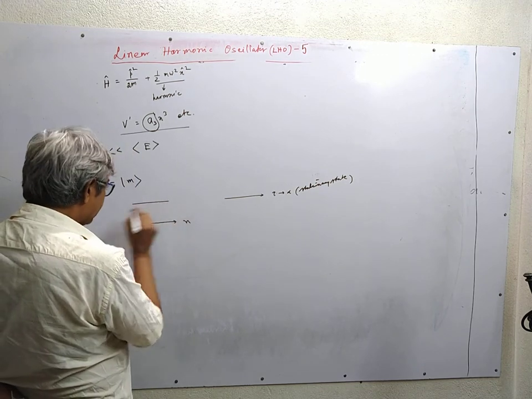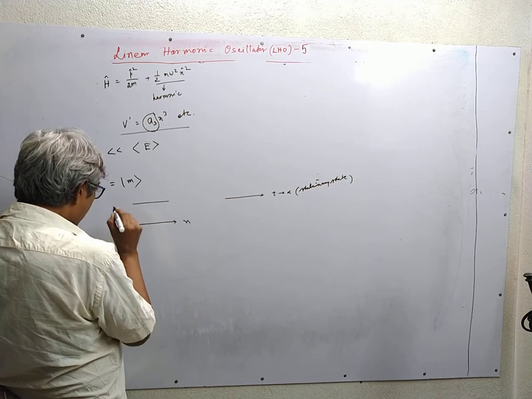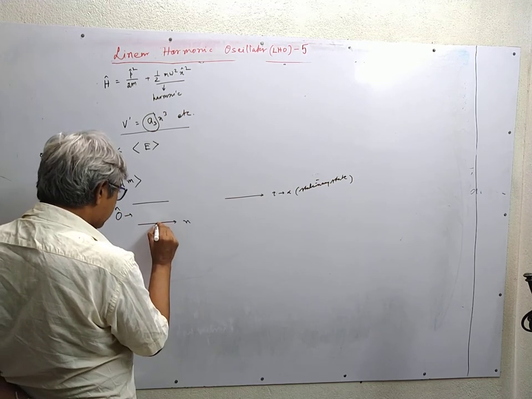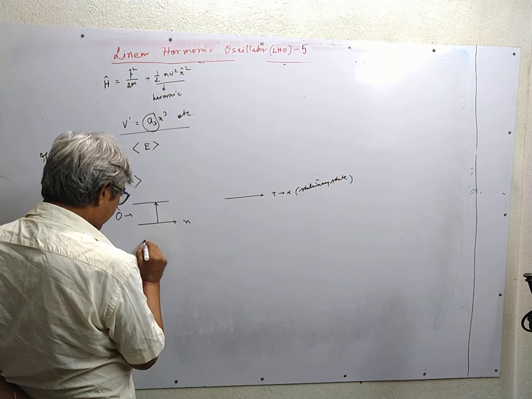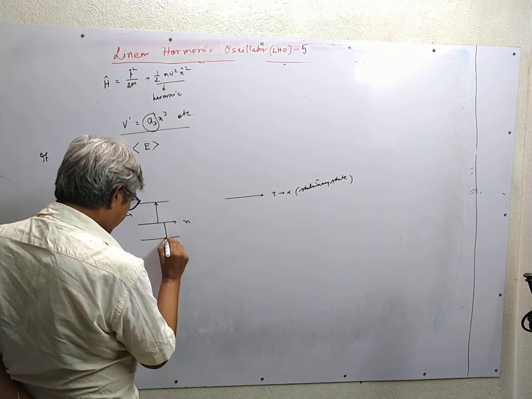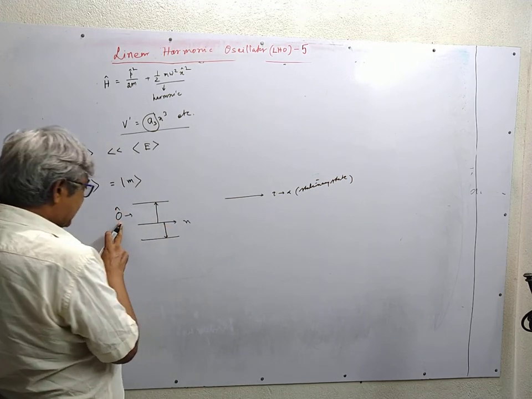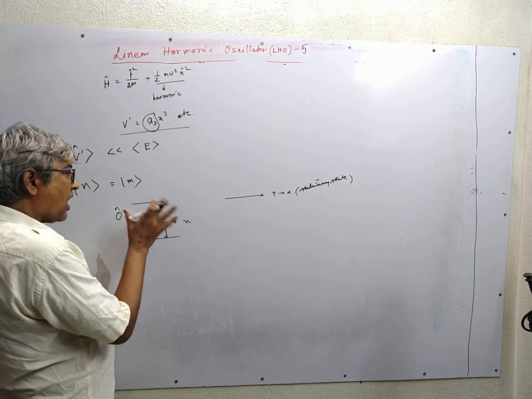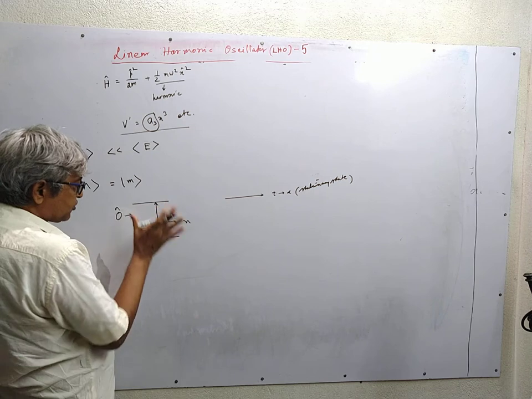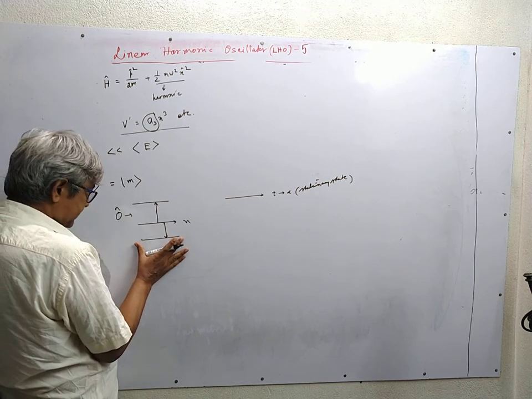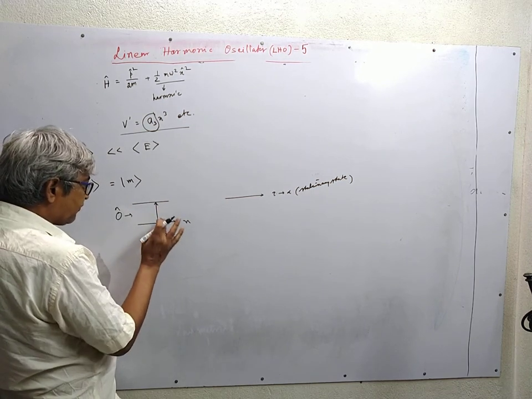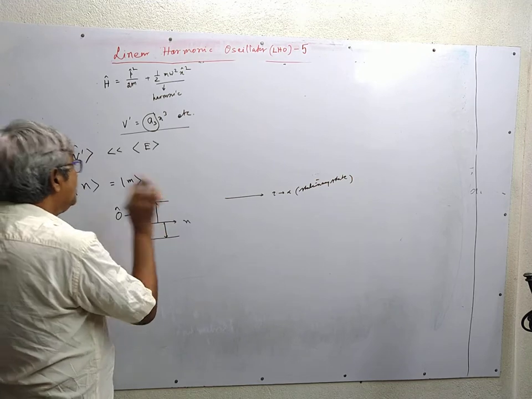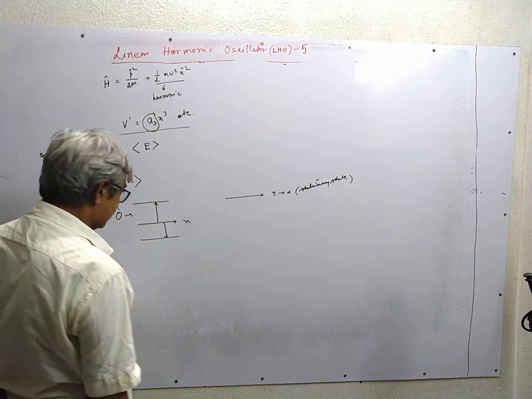When some interaction is applied on the system, say the system makes a jump from here to there or there. Since this expectation value is small, the energy levels are still the energy levels of the harmonic oscillator, more or less. So it makes a transition from one harmonic oscillator state to another harmonic oscillator state.